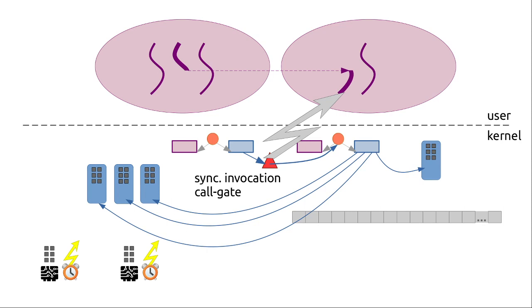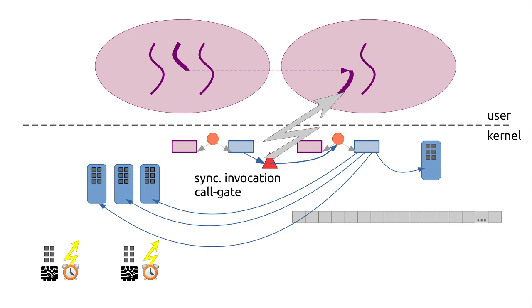This is why we call this a call gate. It's a call gate because a call gate is just a fancy way to say essentially a function call, but with a different mechanism in between. In this case, we're doing IPC in some sense between two components, between two page tables, which is why we call it a call gate.